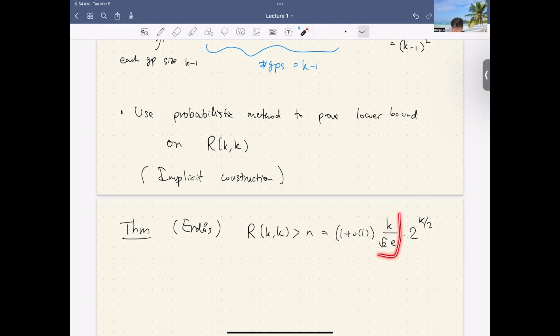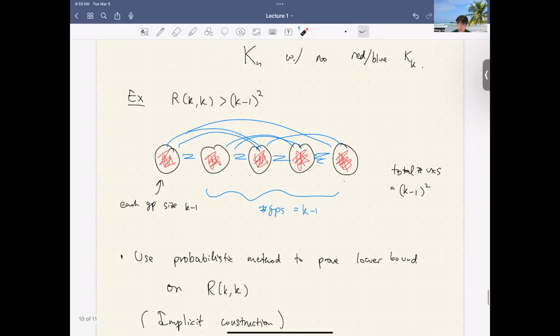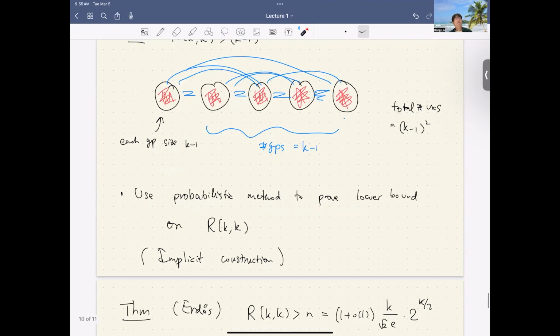So forget about all these things. Just look at this term. We have an exponential in K growth, which is much, much better than the explicit construction we have, roughly K squared. We construct a coloring on a much larger complete graph without a K-vertex complete graph having all edges of the same color.